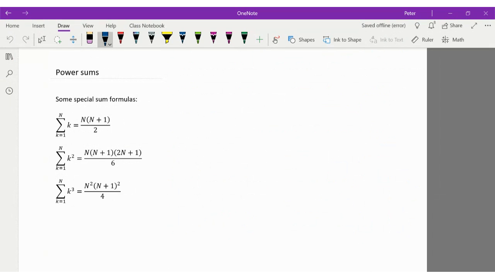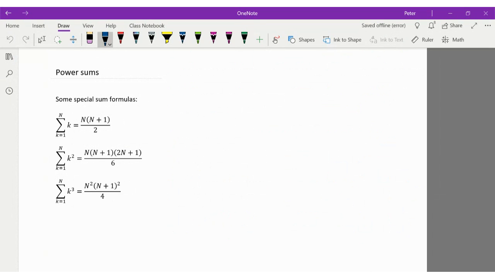So if I want to add up the first n positive integers, which is what the sum from k equals 1 to n of k means, the formula to do that is n times n plus 1 over 2. And if I want to add the first n positive squares, the formula to do that is n times n plus 1 times 2n plus 1 over 6.